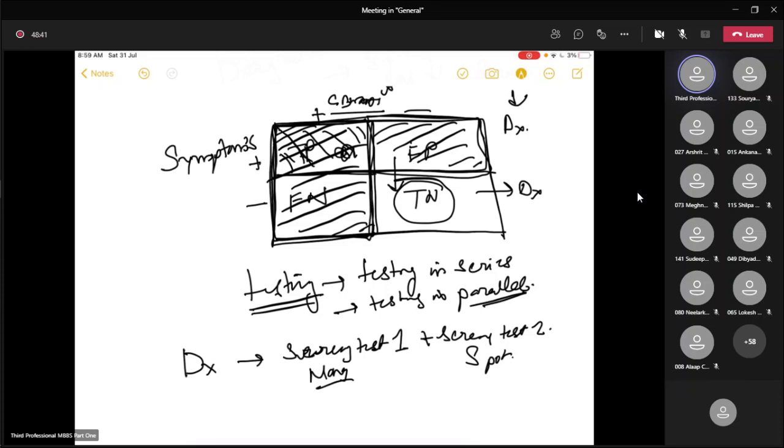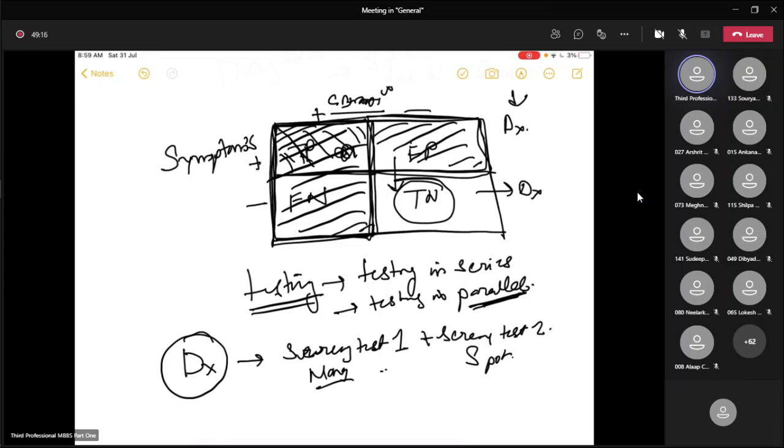So both of them have got high sensitivity, and when done in parallel, they give a high specificity too. So they become a diagnostic test for TB, doing two sputum smears. আমরা কিন্তু এরকম করি না যে ফার্স্টে নেগেটিভ এলে পরেরটা করবো, এরকম করি না। We do not do it like COVID. We do 2 smears of all patients. And if any one of them are positive, we tell that the patient is having TB.